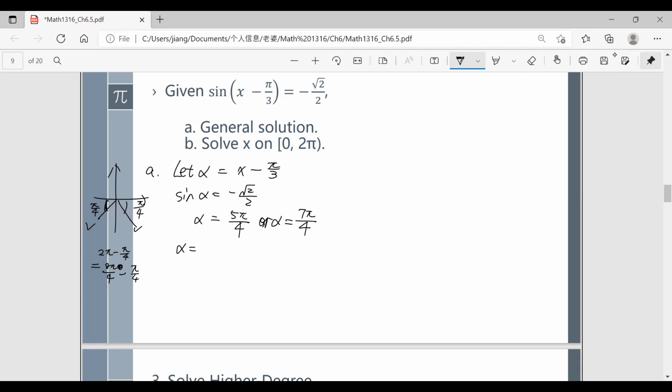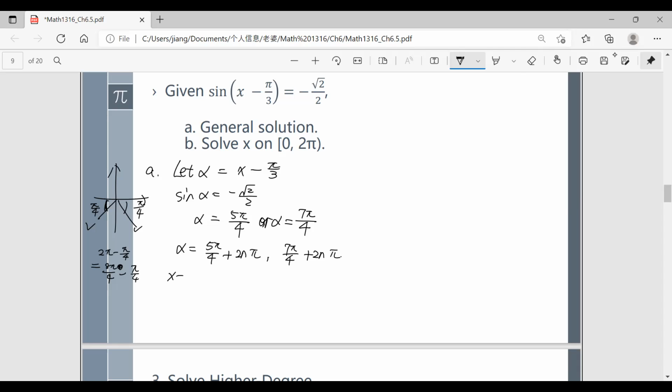So alpha is 5 pi over 4 plus 2n pi, because this is sine alpha, we need to add 2n pi. Or 7 pi over 4 plus 2n pi. How about the x? Alpha equals x minus pi over 3.